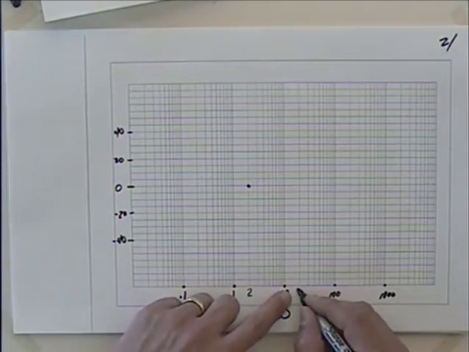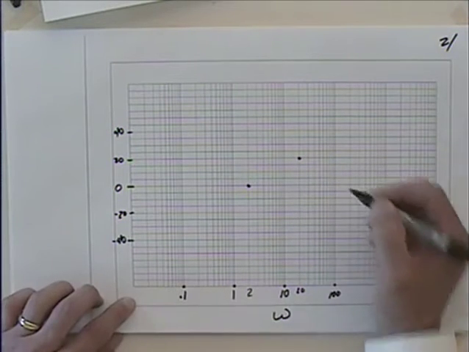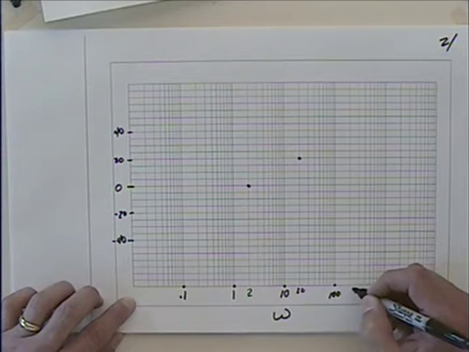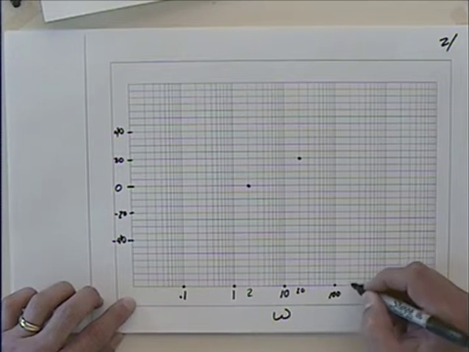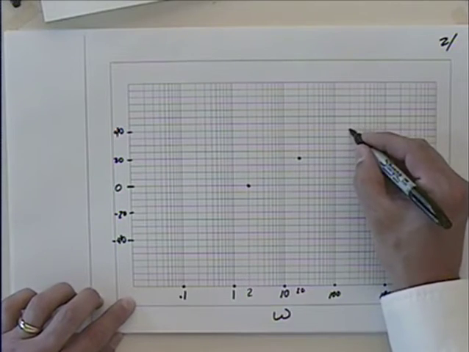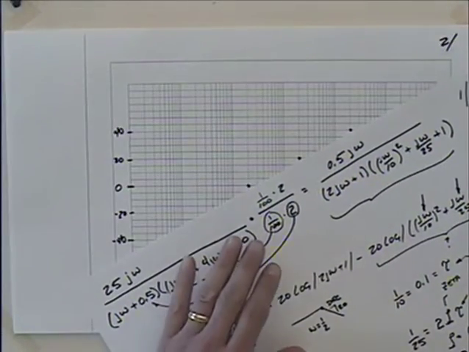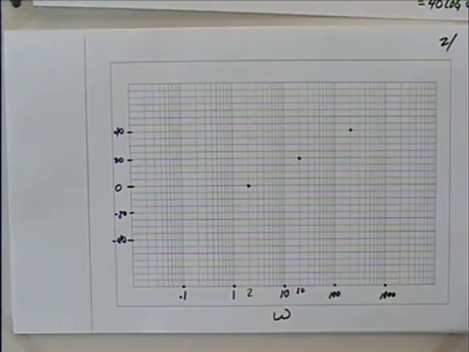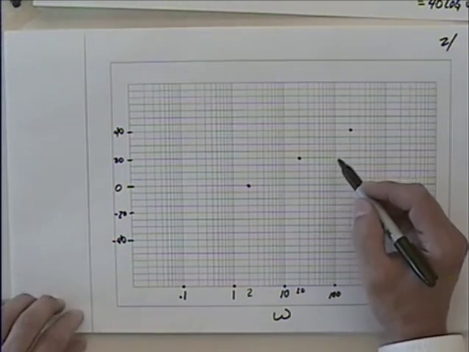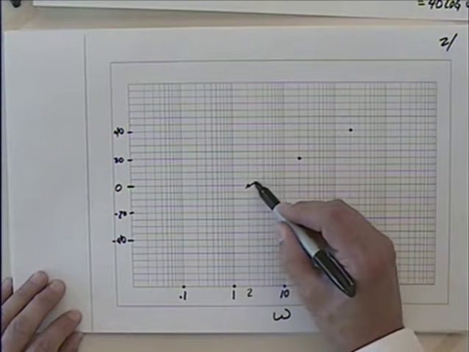So here's 10, there's 20, so it'll take on a value of 20. And let's see, if we are at 200, we should be up here at 40, right? Is 20 log 100 40? Were you just following the trend? I was just following the trend. But I think yes on the other one.